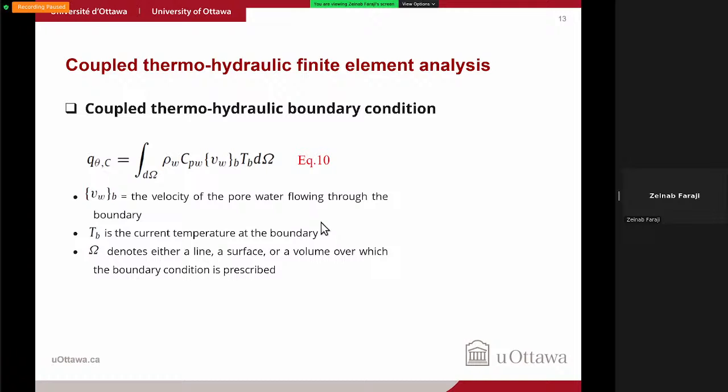Therefore, it is a definition of the coupled thermohydraulic boundary condition. As I mentioned before, v is the velocity of the pore water flow through the boundary, and T is the current temperature of the boundary. And omega denotes either a line or a surface or a volume over which the boundary condition is prescribed.